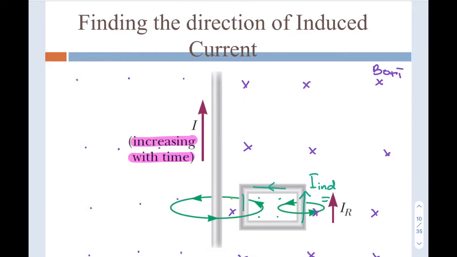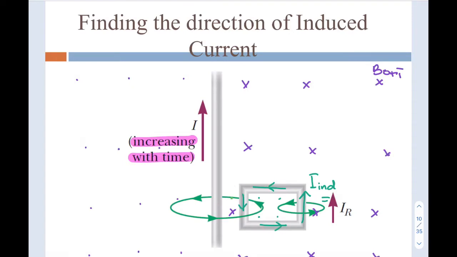So flowing like this, like this, like this, this is I induced. At any side, if you use Grab's rule, place your thumb in this direction and look at the center, you will see that the B is out of the page, whether this side or this side or this side. So the I induced will flow in this direction.